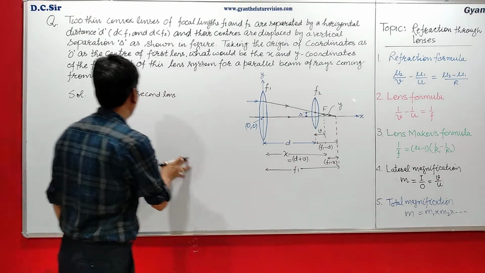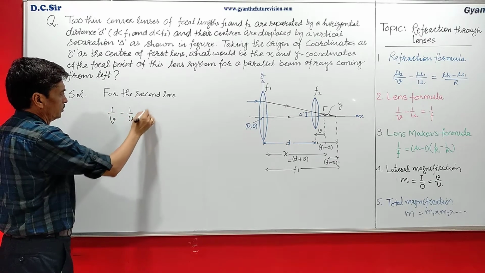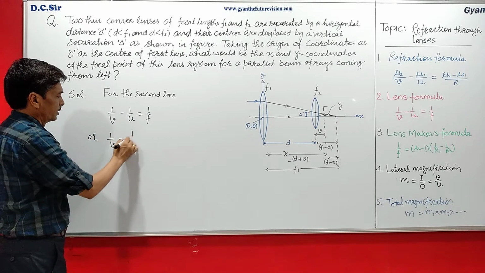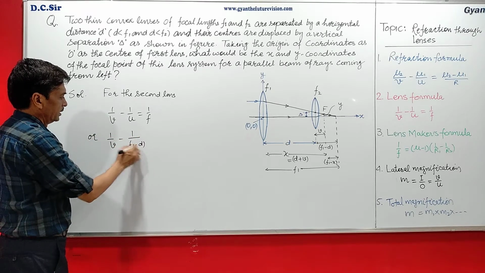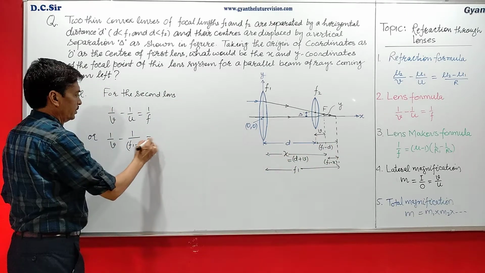So we can write 1 upon v minus 1 upon u is equal to 1 by f, or 1 upon b minus 1 upon (f1 minus d). Here the distance is f1 minus d, and this will be 1 upon f2.